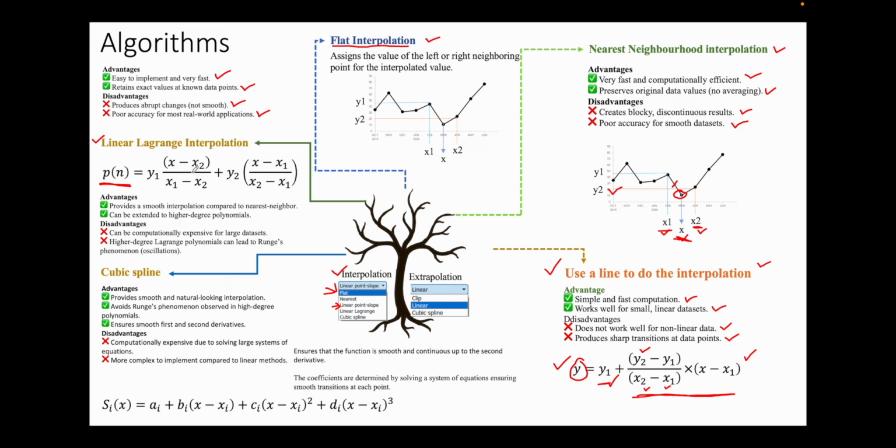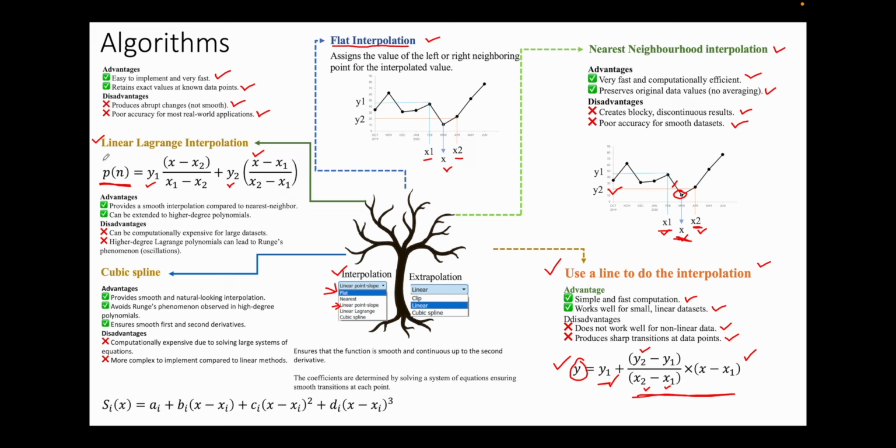Here you have x1, x2, which are the points on the x-axis, and you have x, which is used in the equation, and you have y1 and y2, and x1 and x2 are also used in the equation.